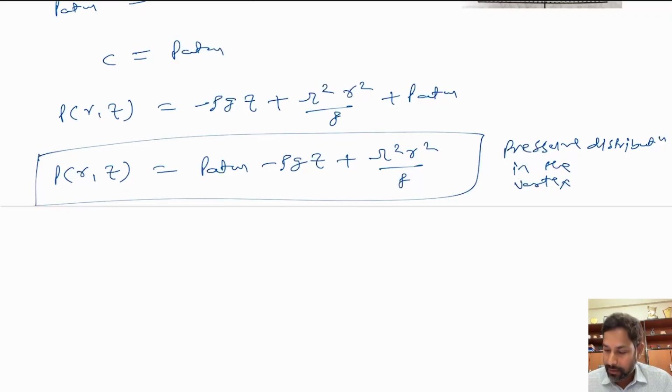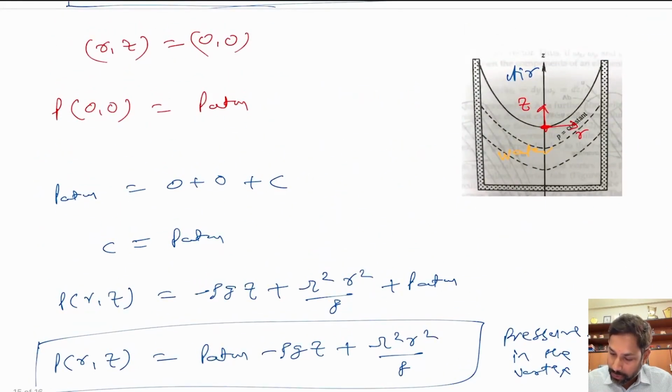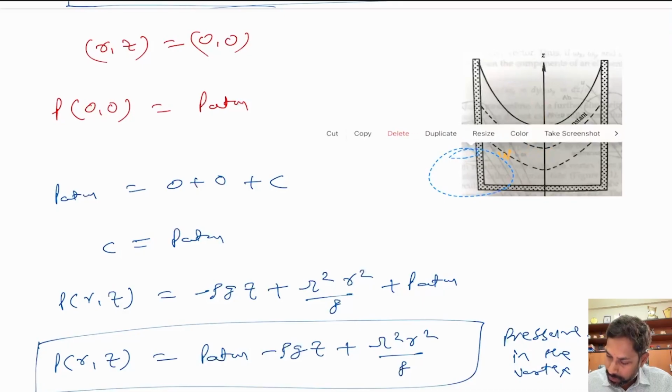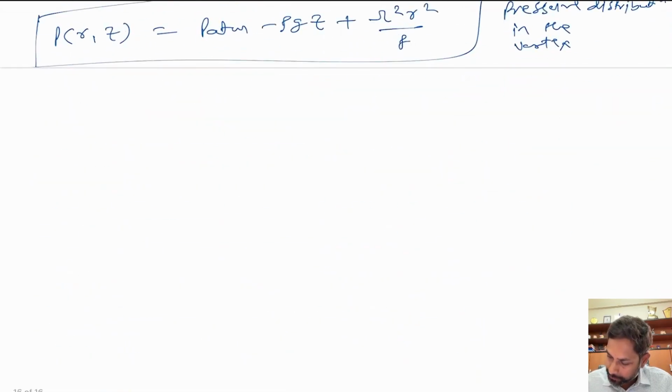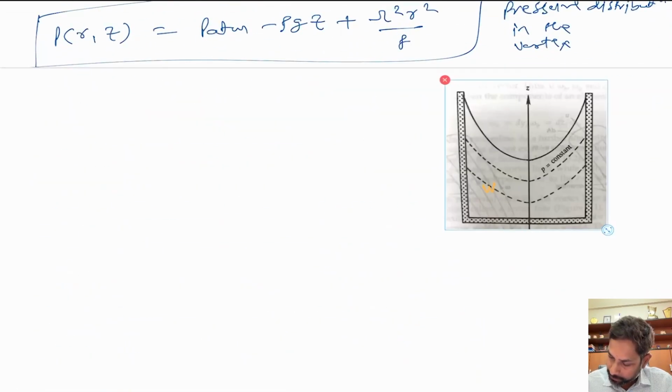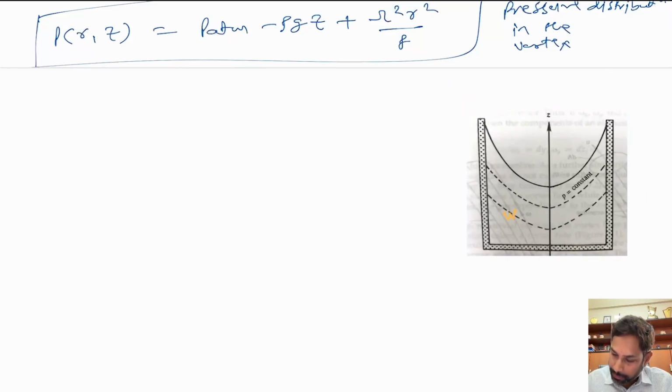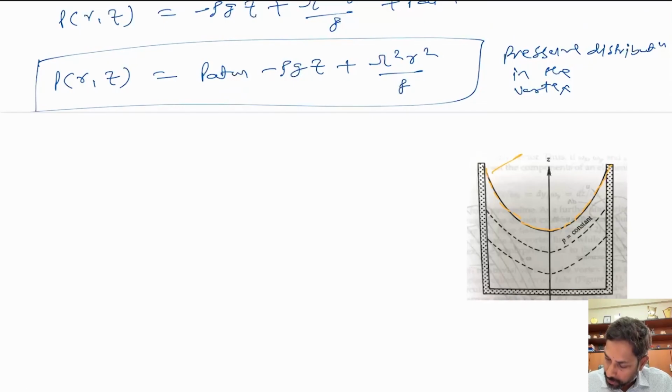All right. So this is what we have, and now based on this we can find the shape of the vortex. If we again use this particular image, the shape we have is this. This is the shape of the vortex, right? And at this location we know that P is equal to P atmospheric, because that is in touch with the air, that is the interface of air and water, and that's why the pressure at that point must be equal to P atmospheric.